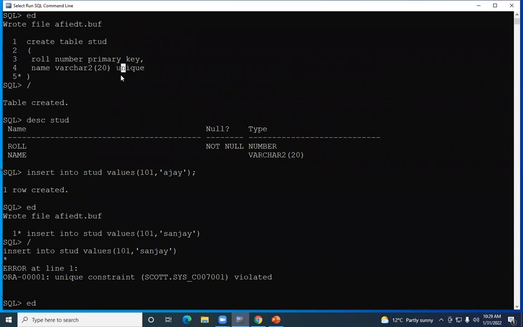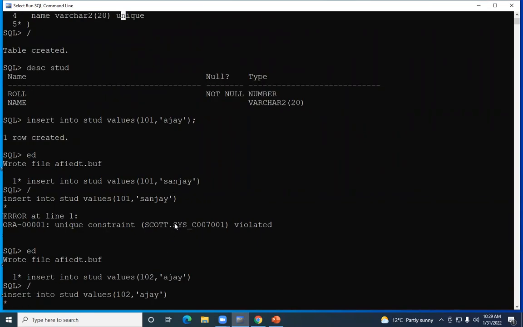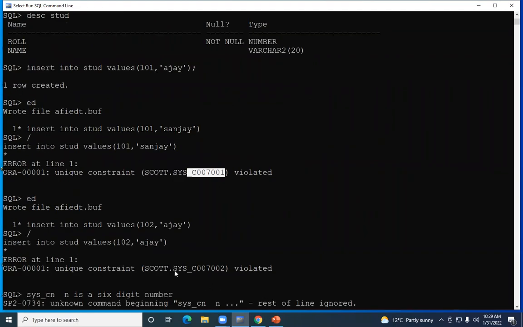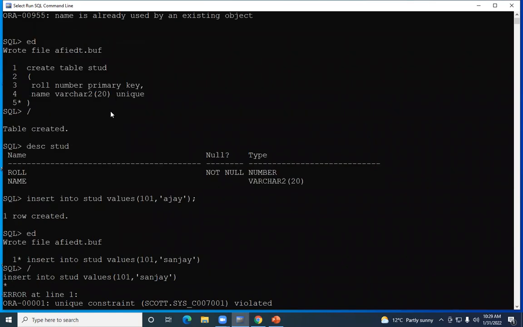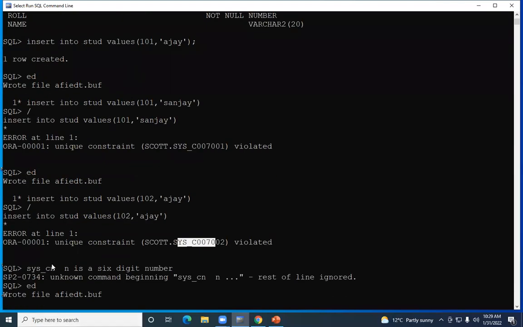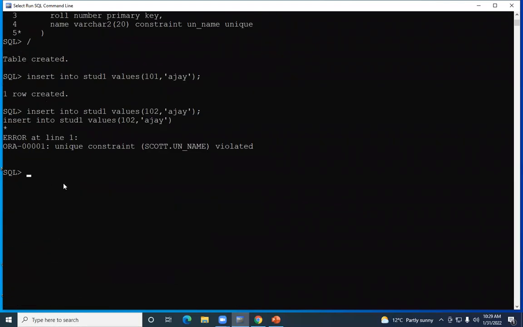How can I find this name? Now it has come up automatically here, like this name and this name. But how can we find which constraint has got which system defined name, if you don't name it on your own? That we will work with in today's lab sessions, right? So understood this, the primary key and the unique constraints.